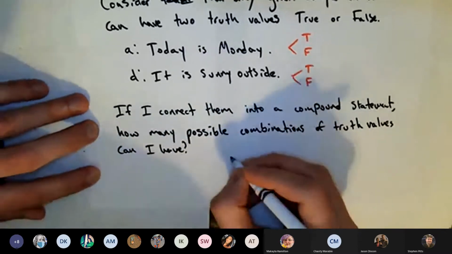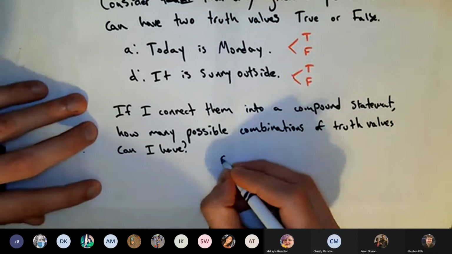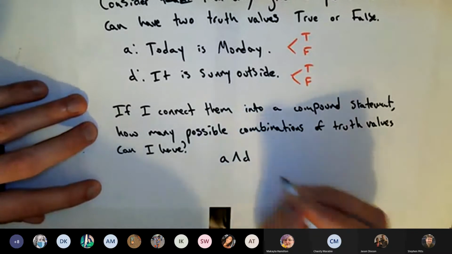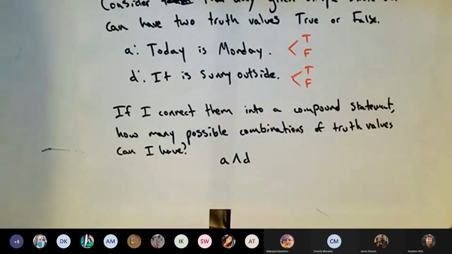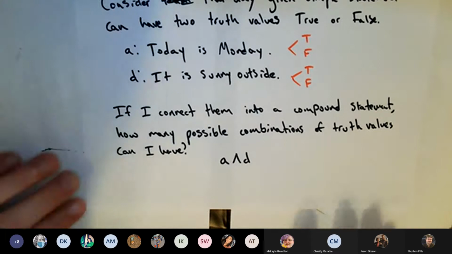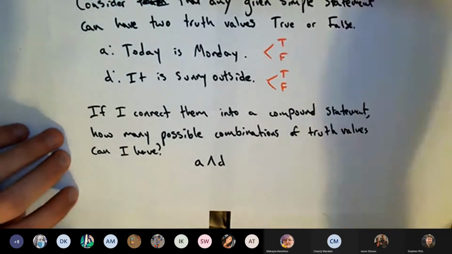So consider the statement A and D: today is Monday and it is sunny outside. How many different possible combinations of A and D can I build if each of them has two?